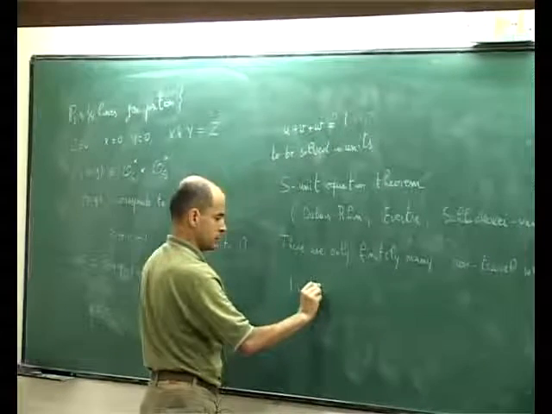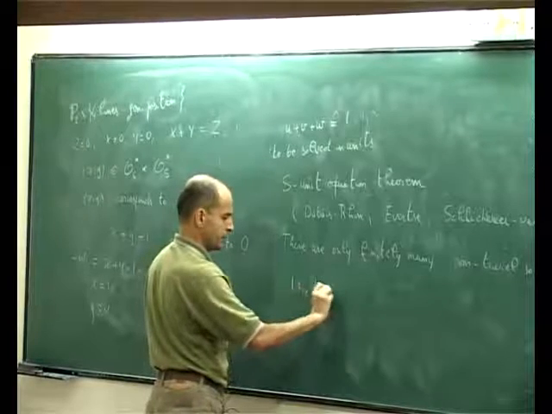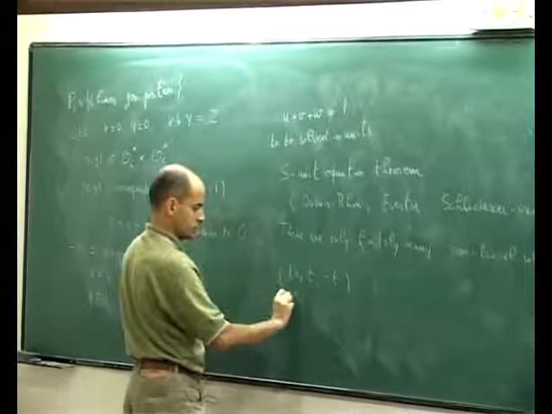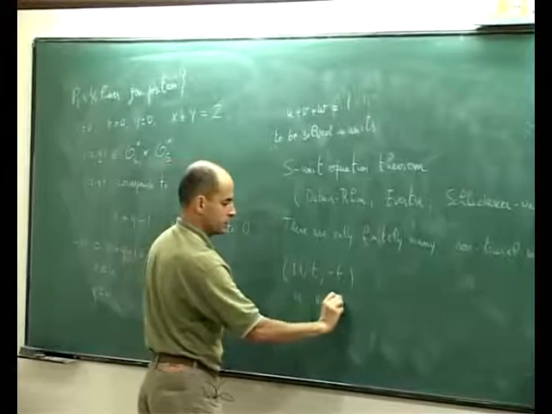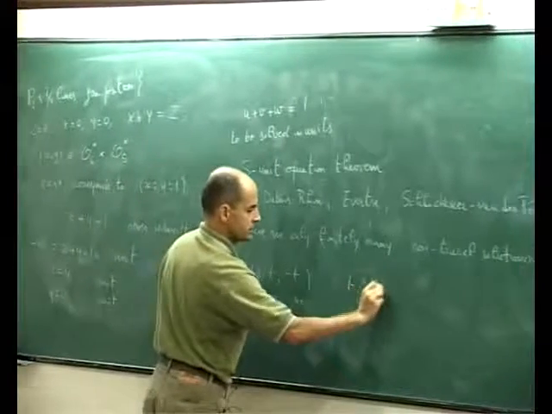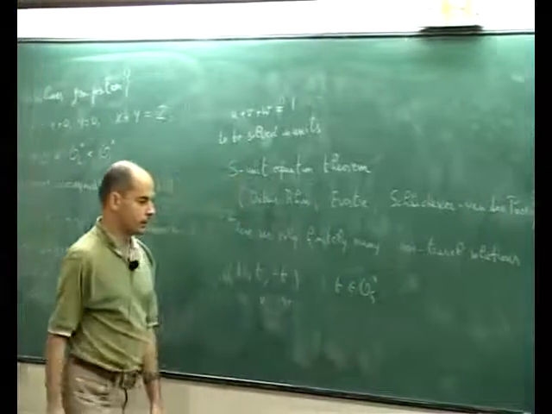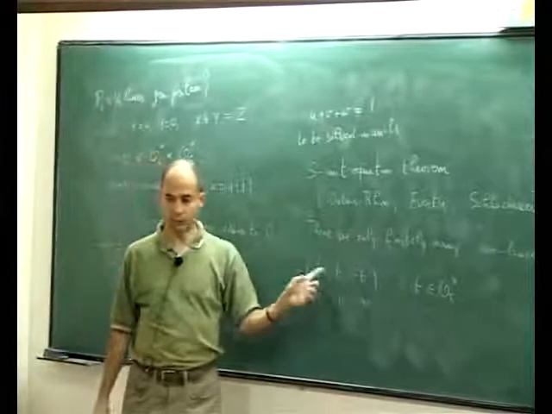So solutions like 1, d, minus d, this is u, v, w, where d is a unit, and you can permute.